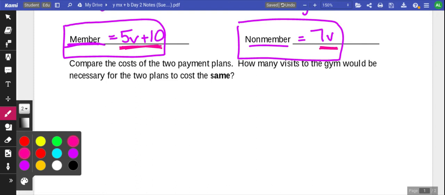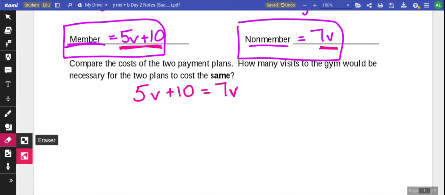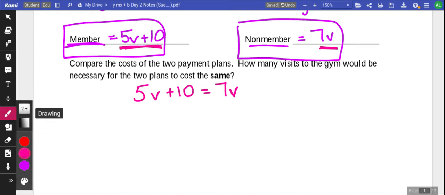So it says how many visits, what I'm searching for is what V is, for these two to be equal. So for member to equal non-member is what I'm trying to say here. Okay, so what value of V, that's what we're going to solve out, makes the member and the non-member options the same cost.